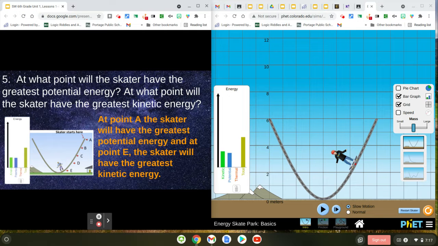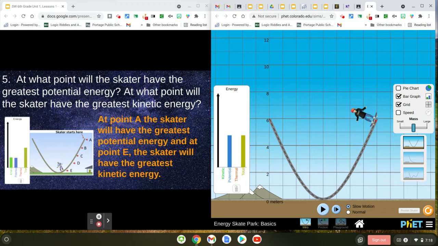Okay, at what point will the skater have the greatest potential energy? At what point will the skater have the greatest kinetic energy? All right, so let's put the skater up here. That is at point A. And so the answer is point A because we can see in the bar graph that the potential energy is at its greatest and there's no kinetic energy.